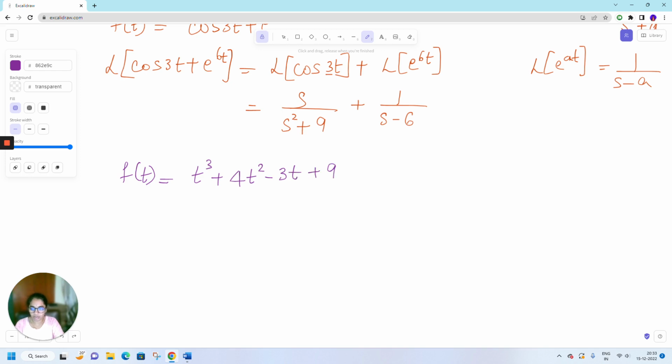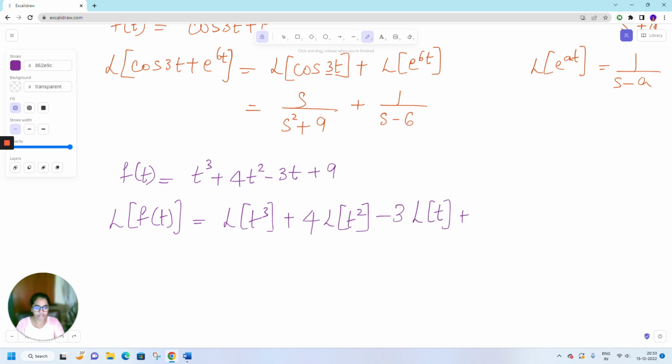Now Laplace of f of t is equal to Laplace of t cube plus, can I write it directly? 4 Laplace of t square, I took out 4 because it is a constant, minus 3 Laplace of t plus Laplace of 9.